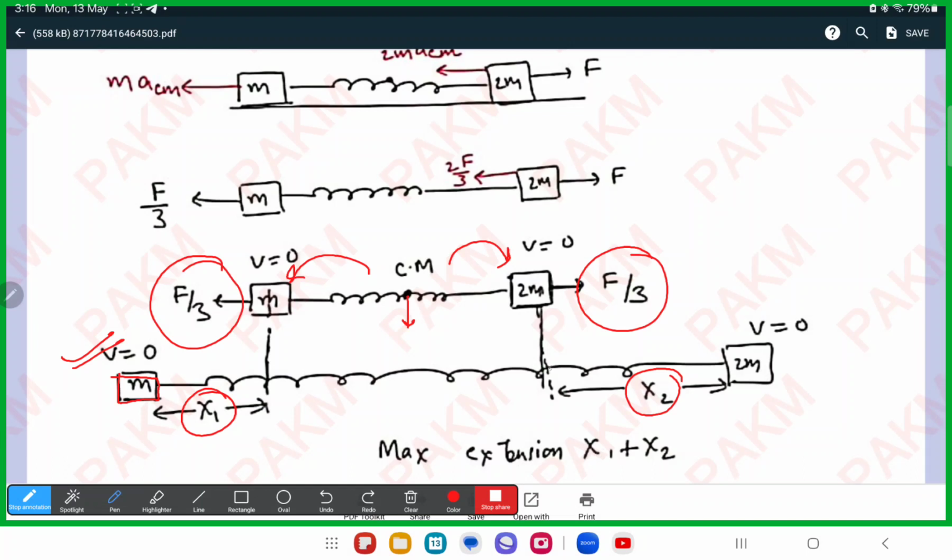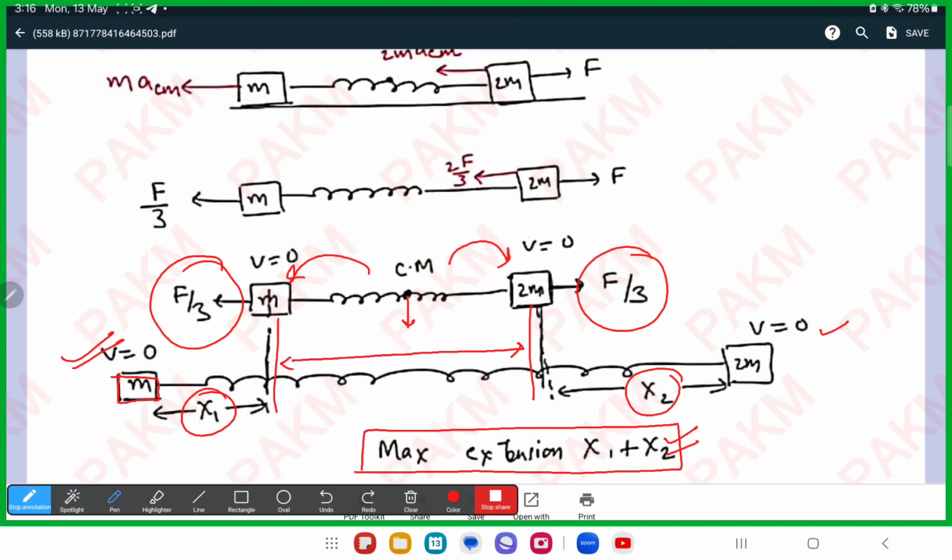Since the masses are different, the extensions will also be different. This is the natural position, and with respect to the natural length, the maximum extensions are x1 and x2.